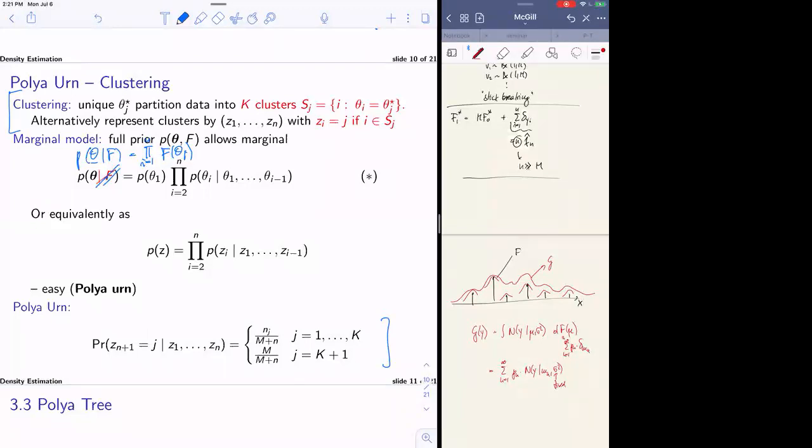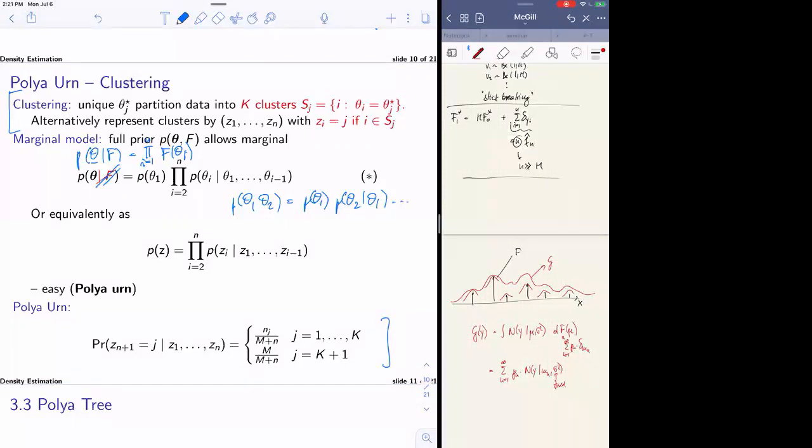Now the first statement is actually always true. There is a joint distribution because those are jointly distributed random elements. You can always write the joint distribution as the marginal of the first times the conditional of the second given the first, and so on. If it's not only two but n, then you get to that line here.